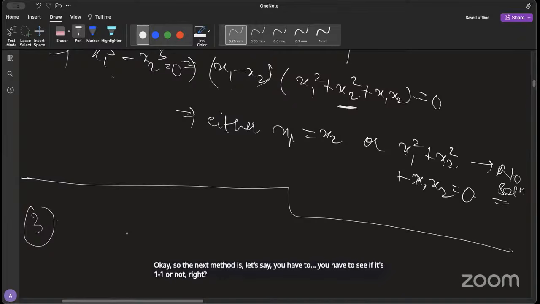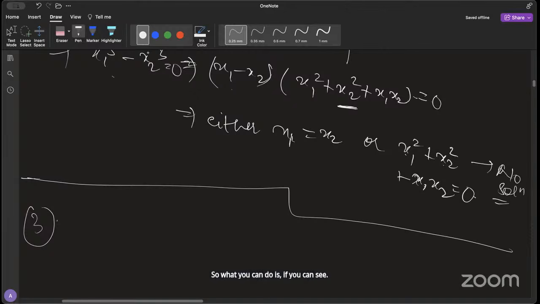So what you can do is, let's say your function is y is equal to fx.